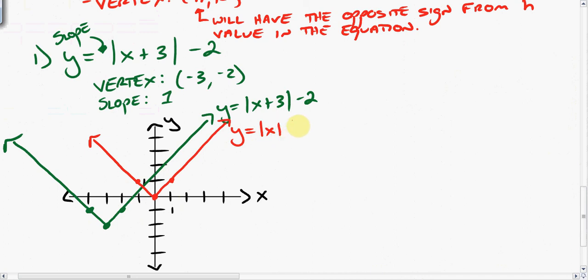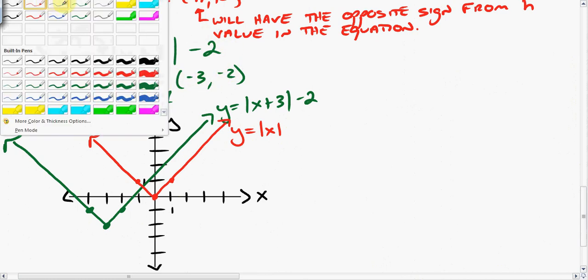Lastly, you're going to want to compare each graph, just as we did with the linear functions. We compared our graphs to the parent function, y equals x. So here as you're comparing, I'm going to start with the equation that was given to me.